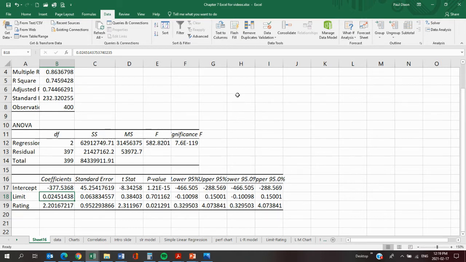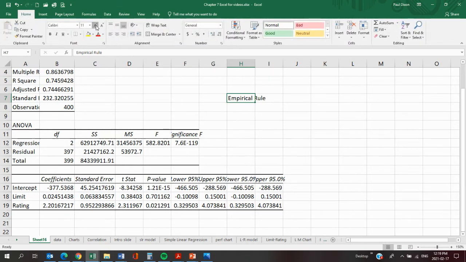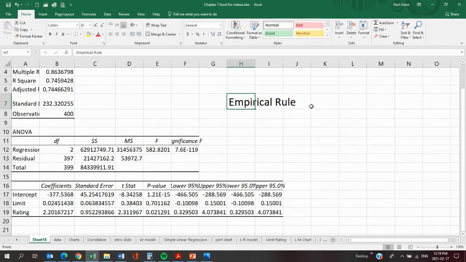As a rule, we've got this thing called the empirical rule we use for all kinds of things. Let me make my text a little bigger for us to read. The empirical rule says that two-thirds of the time you're within one standard error.